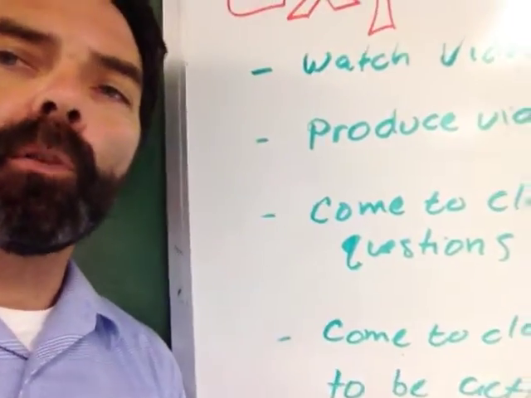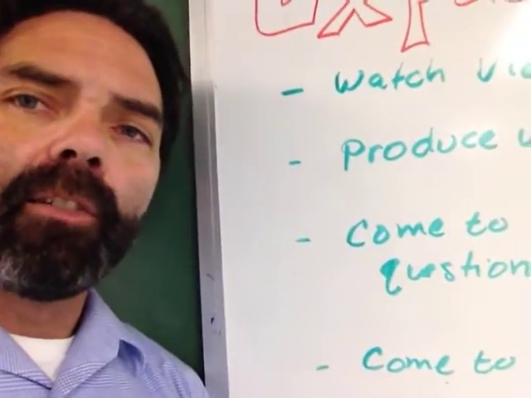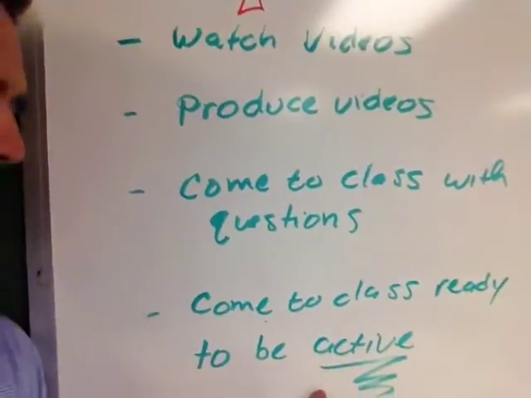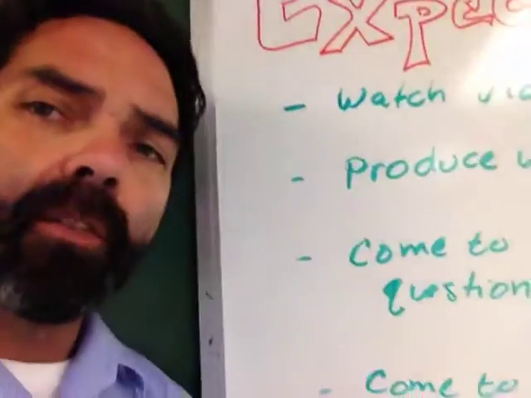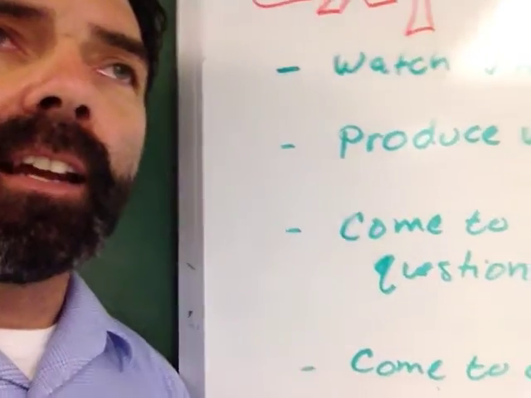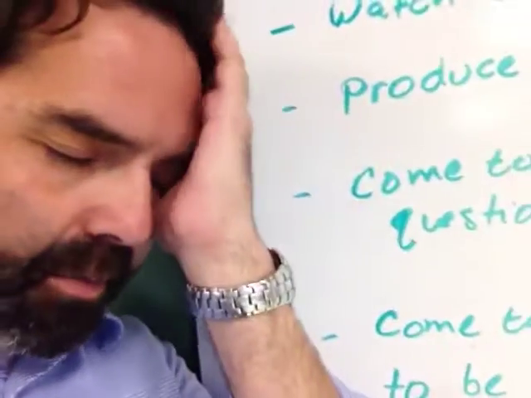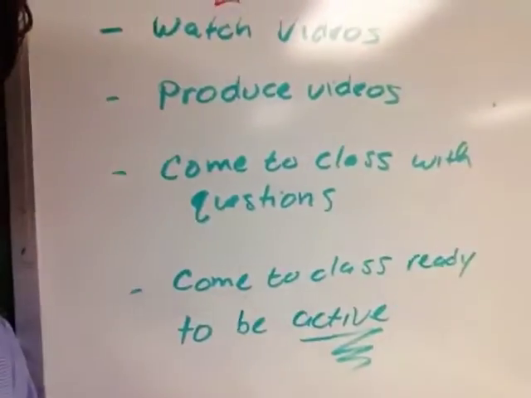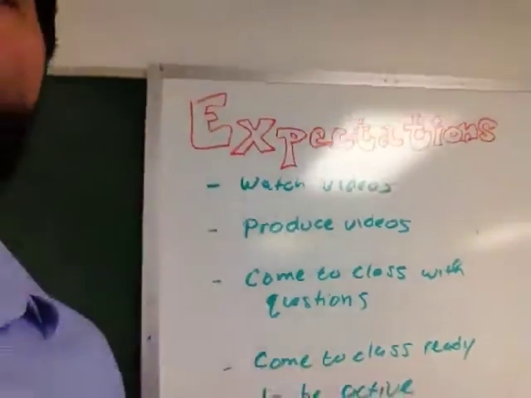You're responsible for your own learning still, and you'll have to come to class with those questions ready. And then come to class ready to be active. A flipped classroom is not one in which you'll come and sit and do the trick where you pretend to be looking at your book, but really you're sleeping because teachers just give lectures. That doesn't happen.